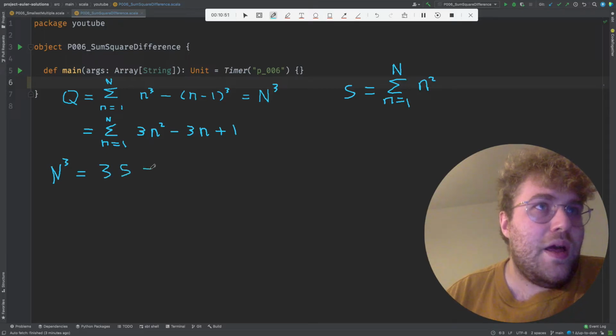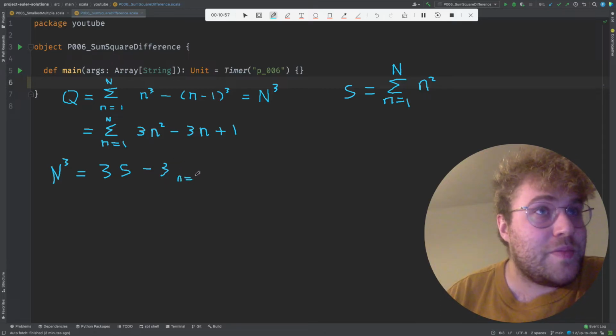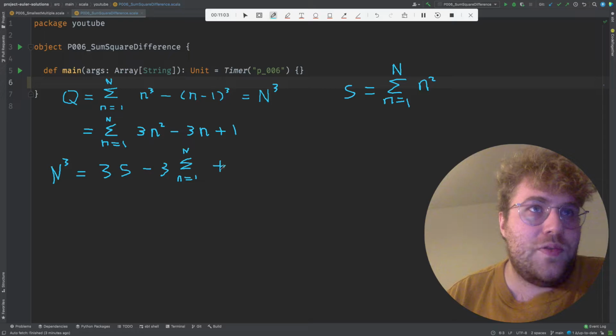minus 3 times the sum of numbers, and we actually have a formula for that, so the next line is just going to use that formula, and then we're also going to add on the sum from n equals 1 to N of 1.